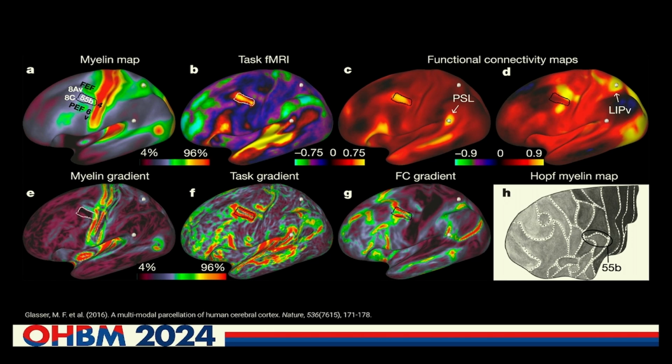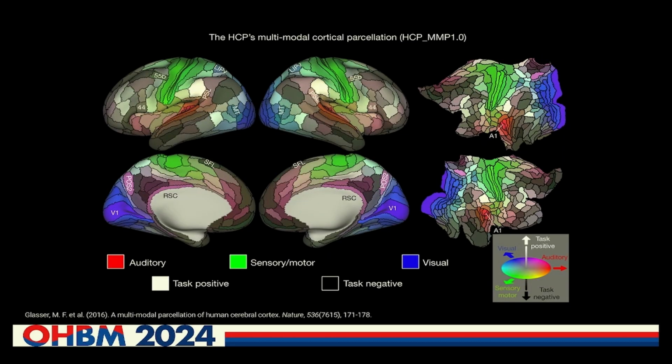And we can see that the gradients of these different spatial features overlap very nicely, and that actually this is an area that was defined ex vivo by Adolf Hopf in the 1950s with one of his myelin maps that he drew. And then we get to this multimodal parcellation that Matt published in 2016, where you've got 180 different cortical areas over a single hemisphere.